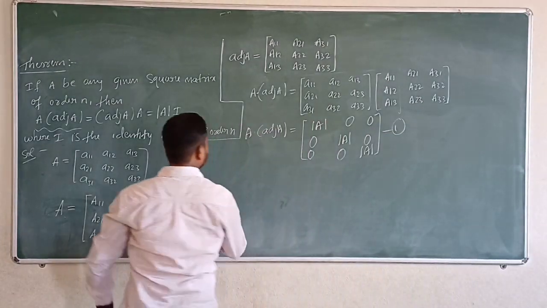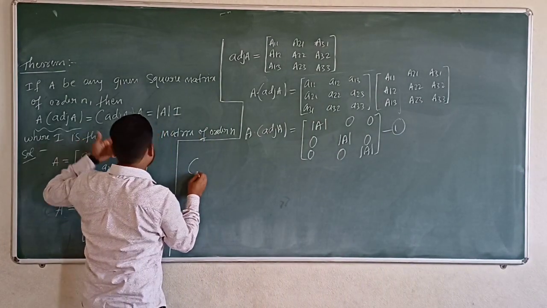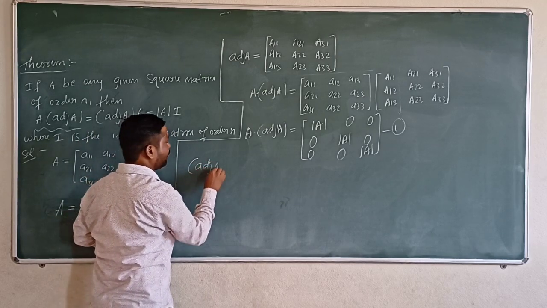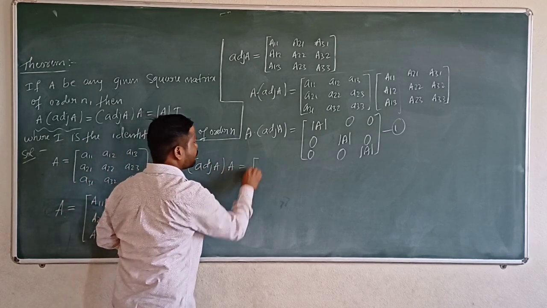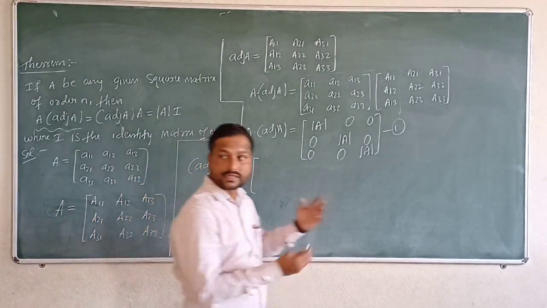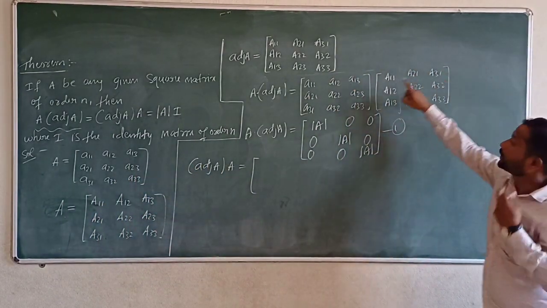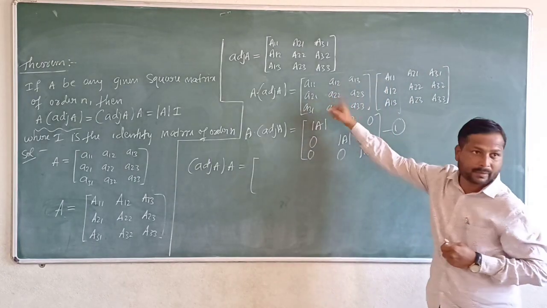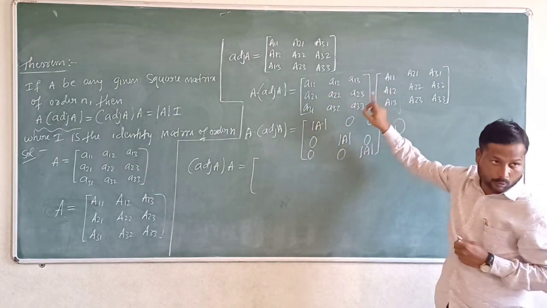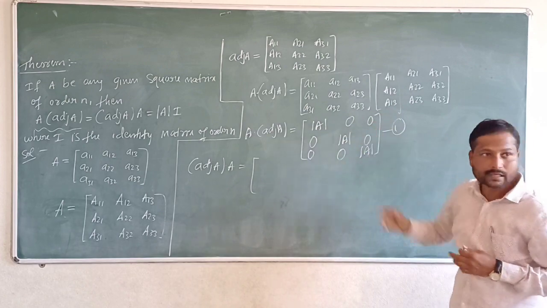Okay, the second result is adjoint of A into A. Now the element and cofactor are swapped, the cofactor and element again, that is the same result only.